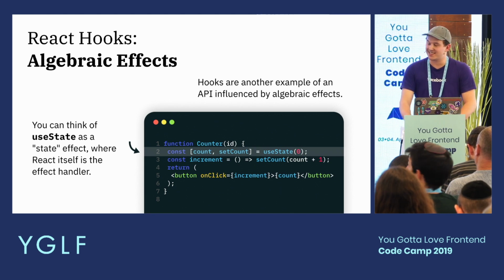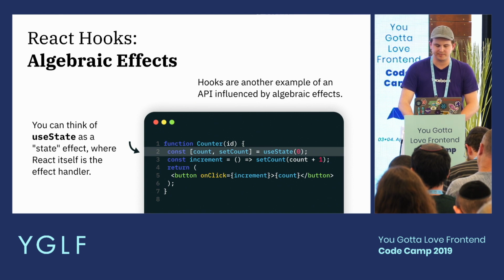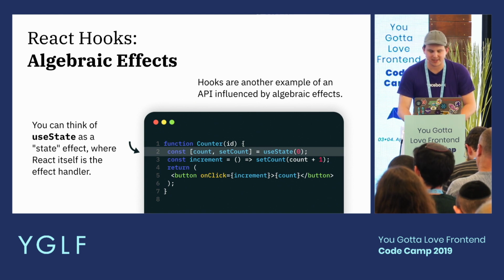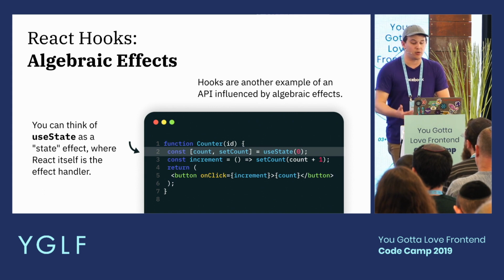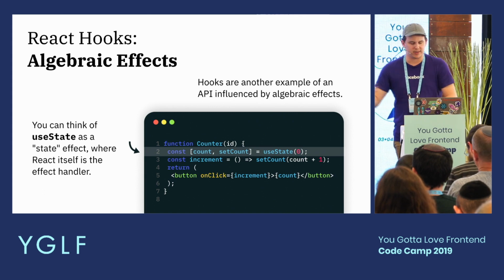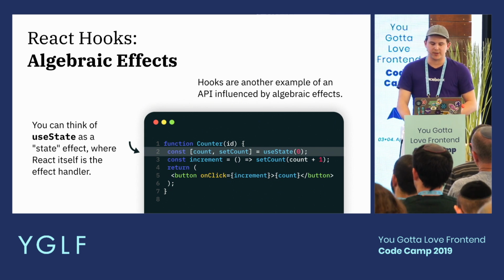And interestingly enough, state is one of the first examples that you'll see if you look into the academic resources on algebraic effects. It's the classic example of how you can use them. Now, in the case of hooks, they're actually a limited example of algebraic effects because you can't define your own effect handler, right? Like you can with catch for errors. When you use state, you don't have any control over the value that's returned.